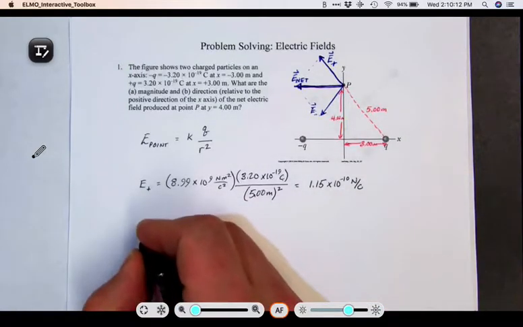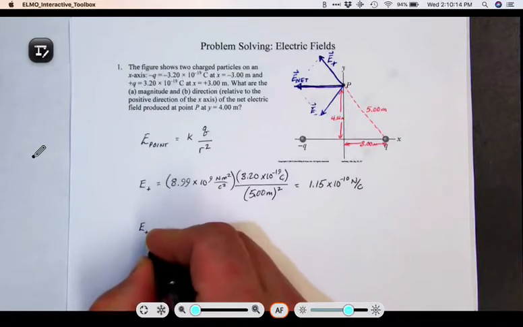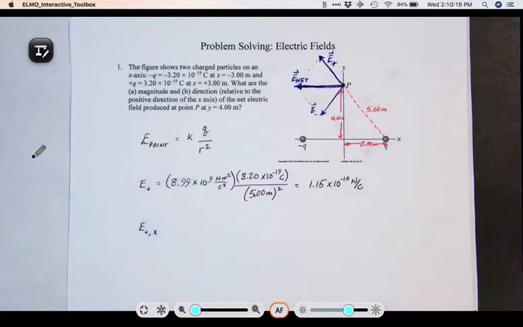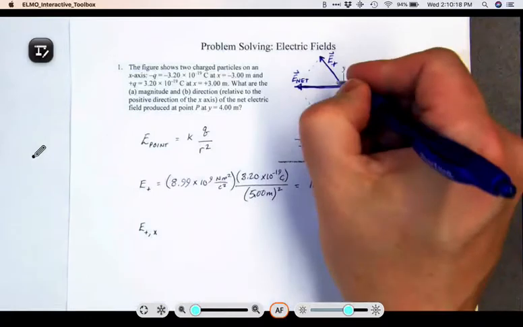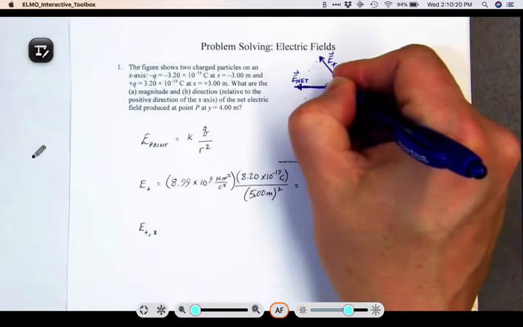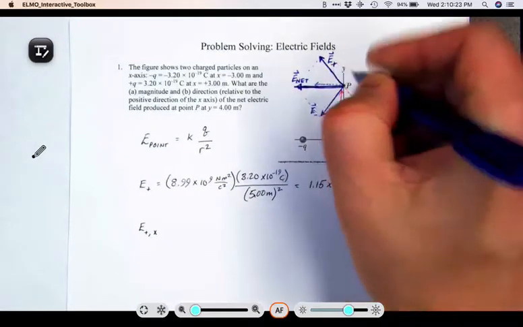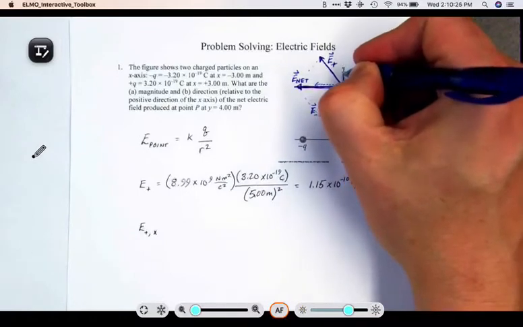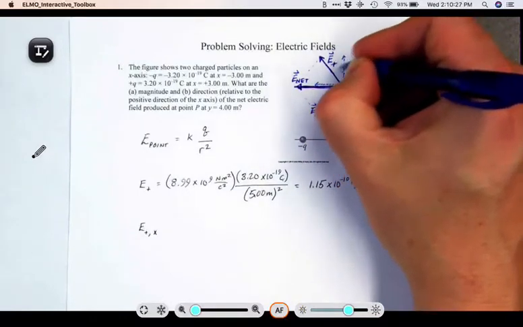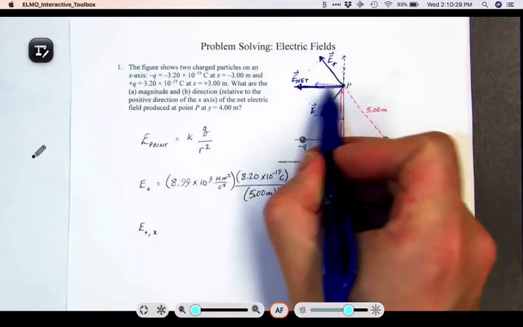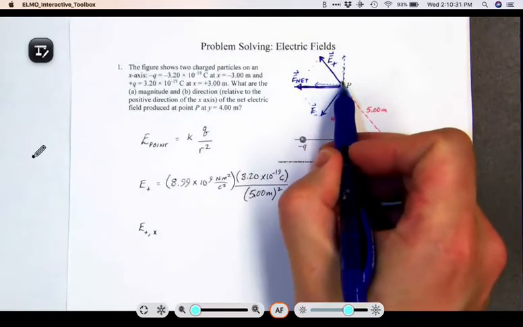Now I want to figure out the electric field from the positive charge, but I just want to figure out what the x component of it is, because the two x components add. If you break that positive charge's electric field vector into x and y components, the two x components are going to add, the two y components are going to cancel.